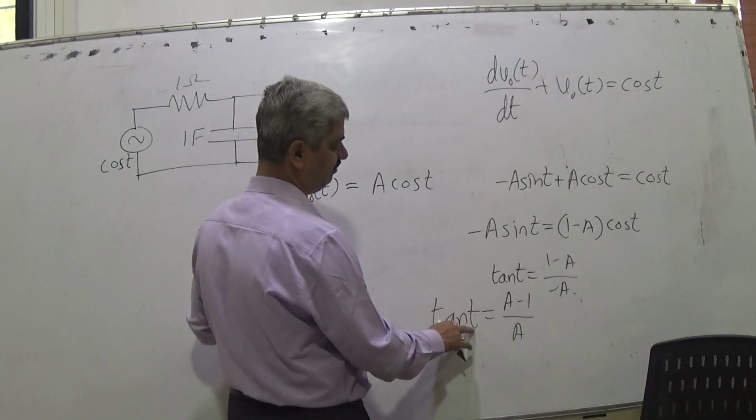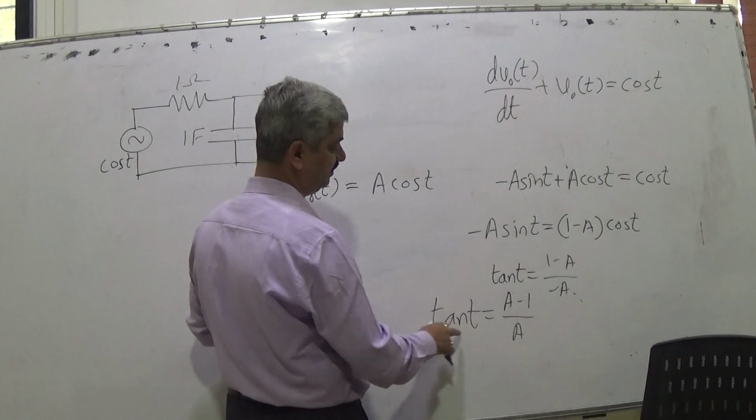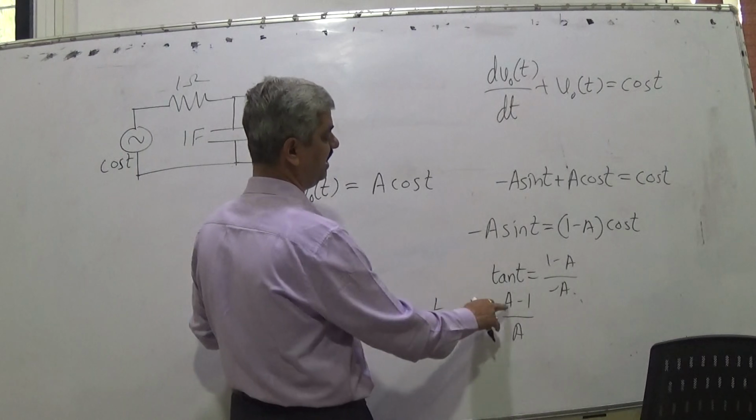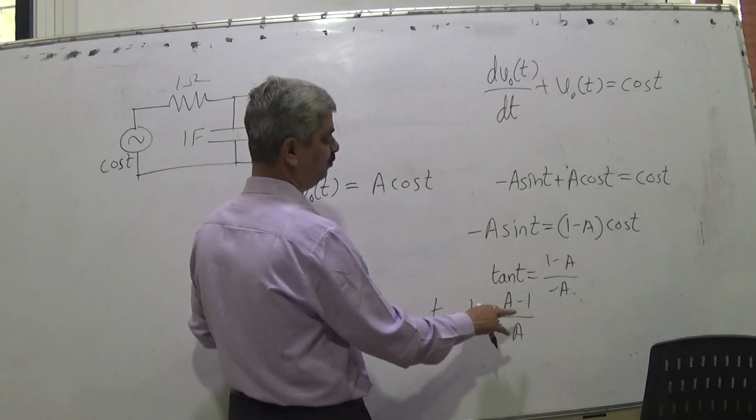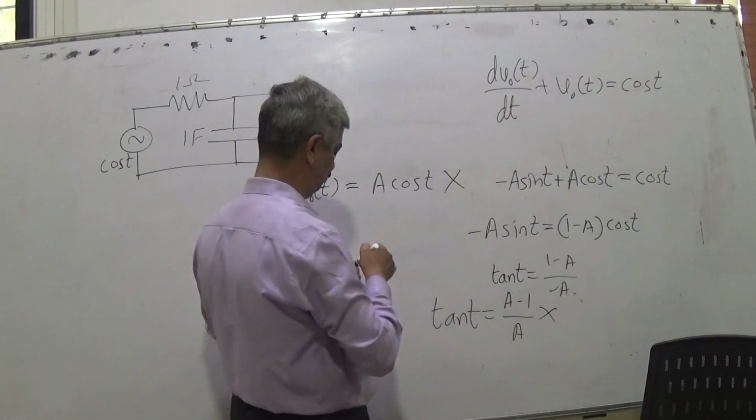As t varies, tan t varies from minus infinity through 0 to plus infinity, and a is a constant. So this is impossible. So this is also not a solution.